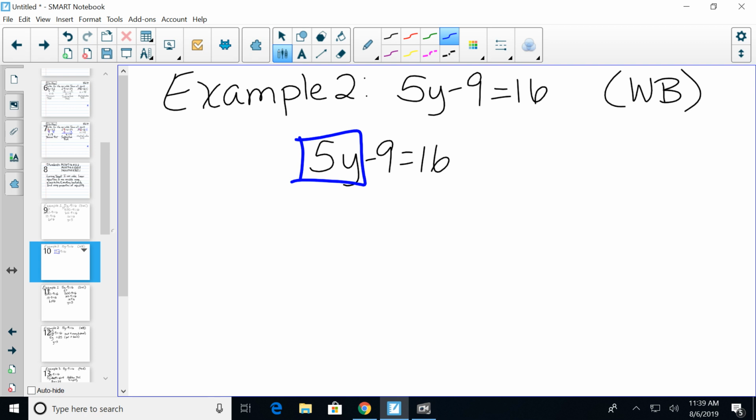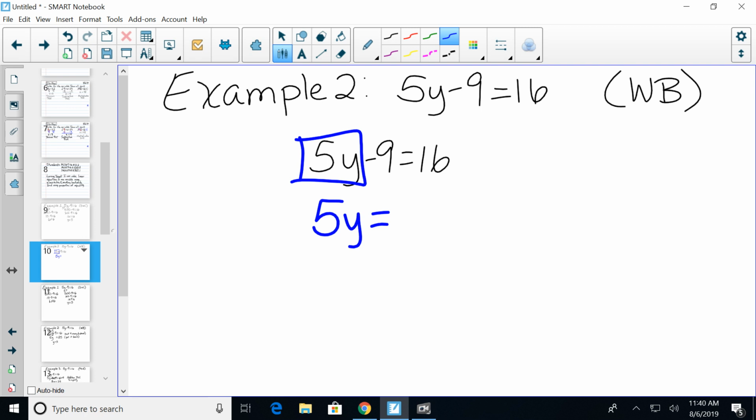So if we took 9 away, and we put it back, what do we now have? If we took 9 away and we put it back, what do we have on the right? 25.